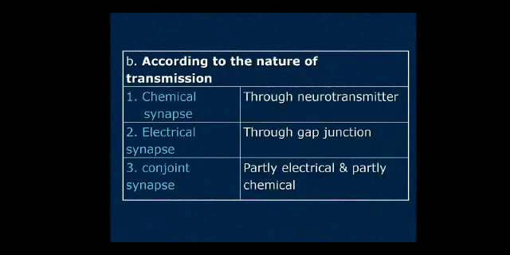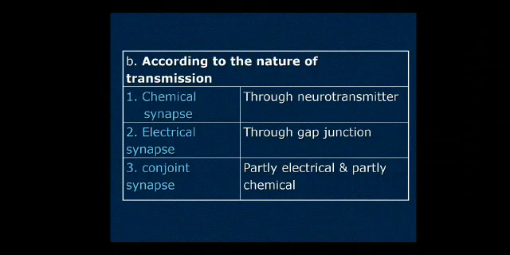So this is an important topic, that is based on the nature of transmission. It's called chemical, electrical and conjoint. Chemical is by the release of chemical neurotransmitters. Electrical is by the gap junctions.